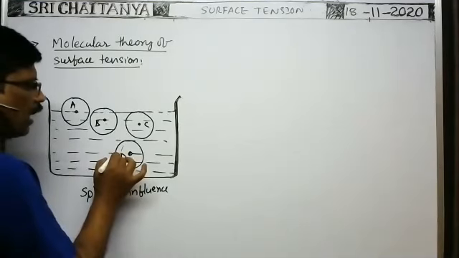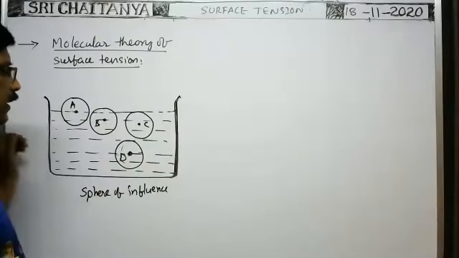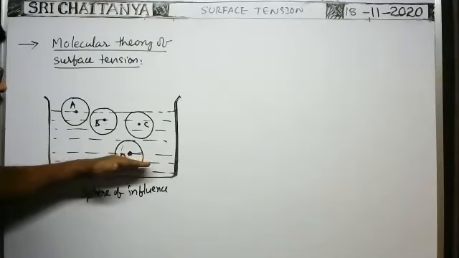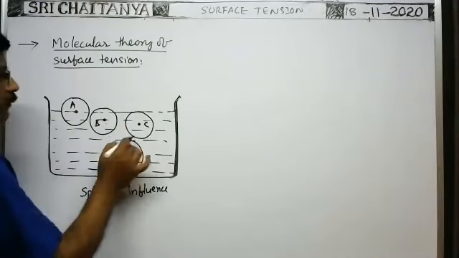So here, the number of molecules present below the half of the sphere of influence is the same as above the half of the sphere of influence.